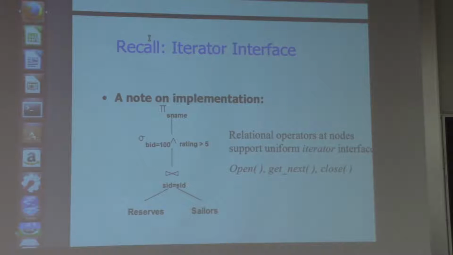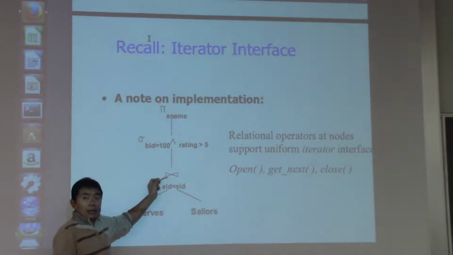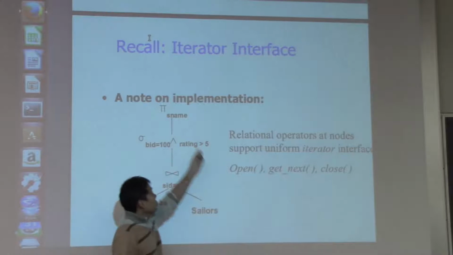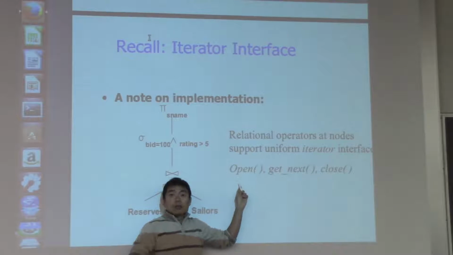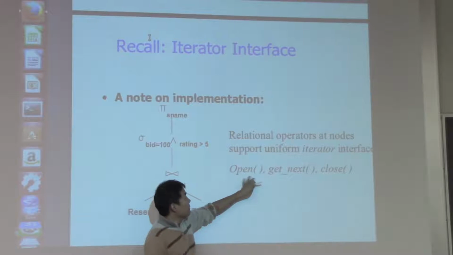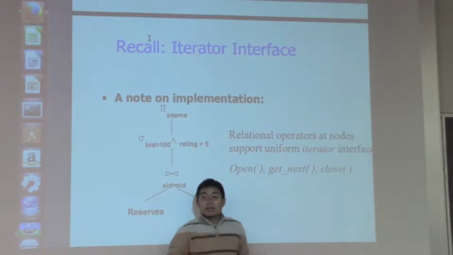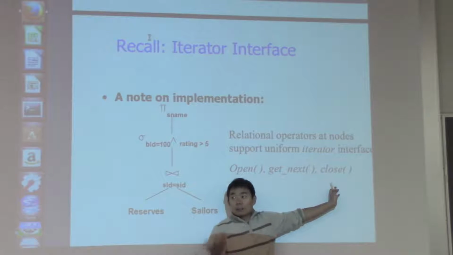So to give you a quick recall of the iterator interface, that's what we talked about, I believe, 2 or 3 lectures back. Each operator inside the database engine typically implements this iterator interface that has, among other things, 3 major components. One is an open method, one is a close method. These 2 are basically to initialize the state and clean up stuff, right?